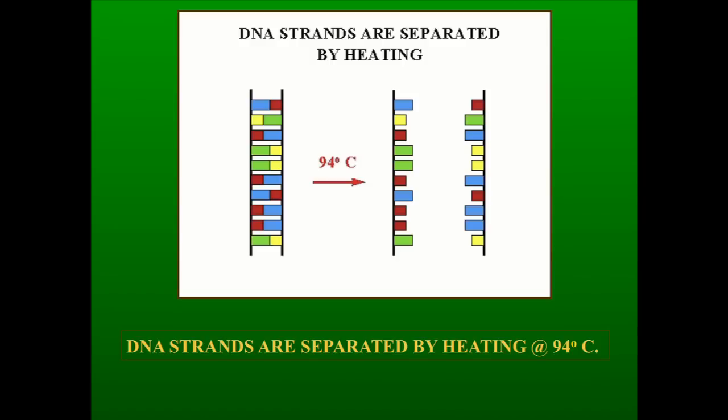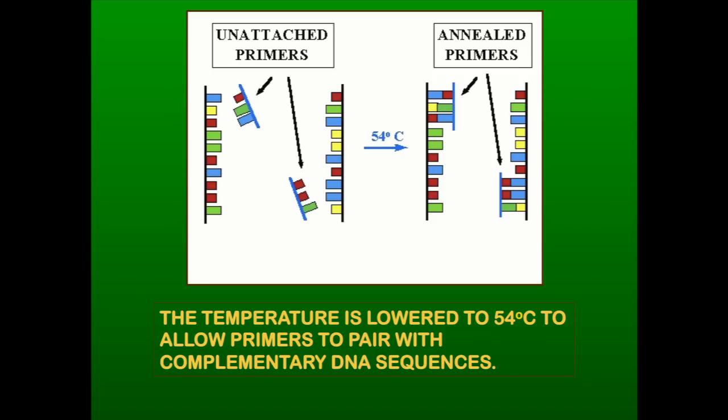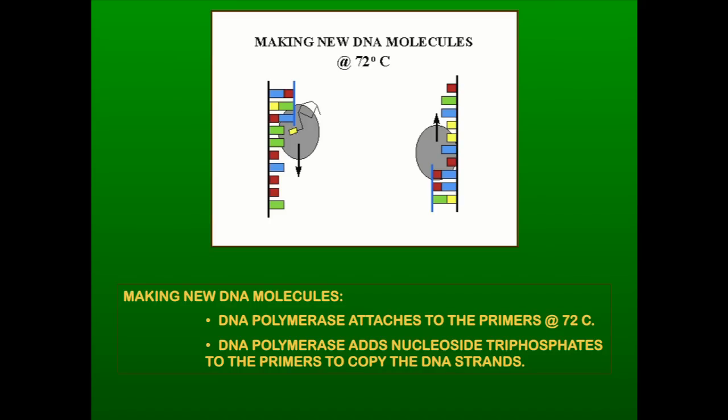So let's go over this. First, the DNA is denatured by heating it at 94 degrees, and this separates the double-stranded DNA into single-strandedness. Next, the temperature is lowered to 54 degrees, and the unattached primers recognize their specific sites, and they anneal. Then, in the presence of A's, T's, G's, and C's, we make 2 new DNA molecules directly from that template.